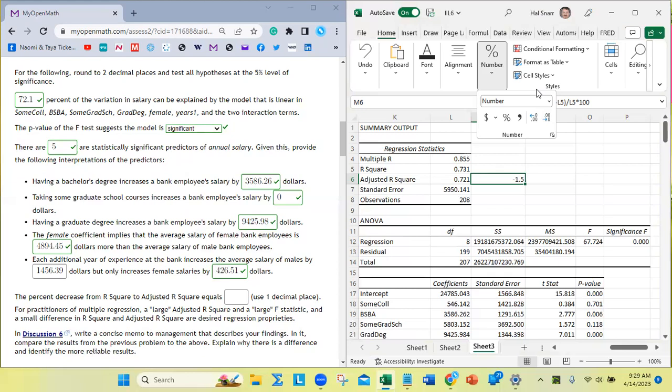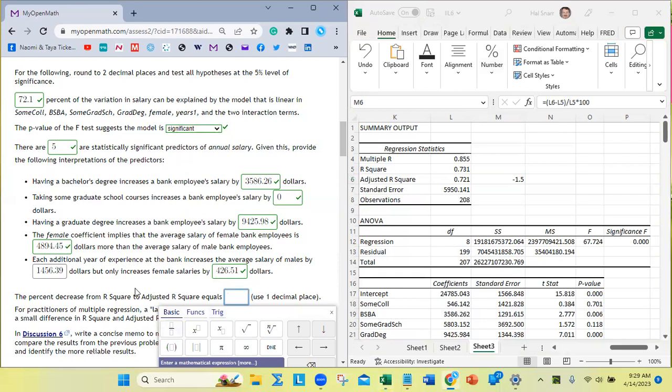But it shows up in the adjusted R square. If the things that you added don't explain salary, the adjusted R square will be a lot lower than the R square. So here, the difference between the two is 1.5%, a tiny amount. Now, because this says percent decrease, I don't put the negative sign in front of the 1.5. I just enter it as 1.5.